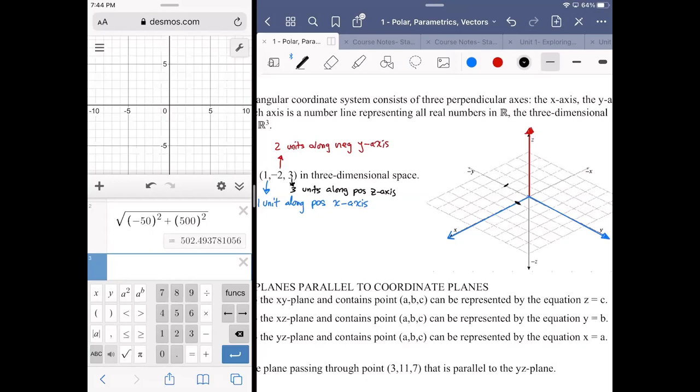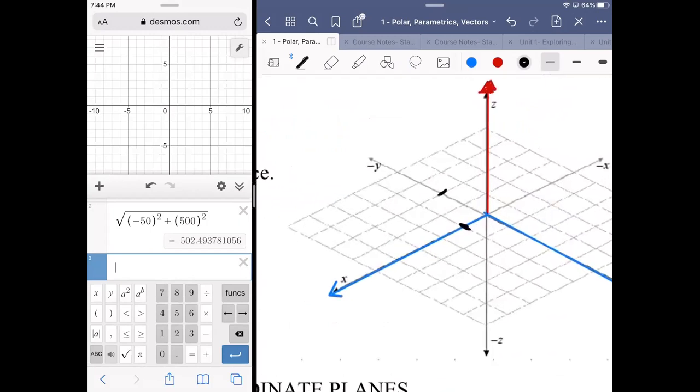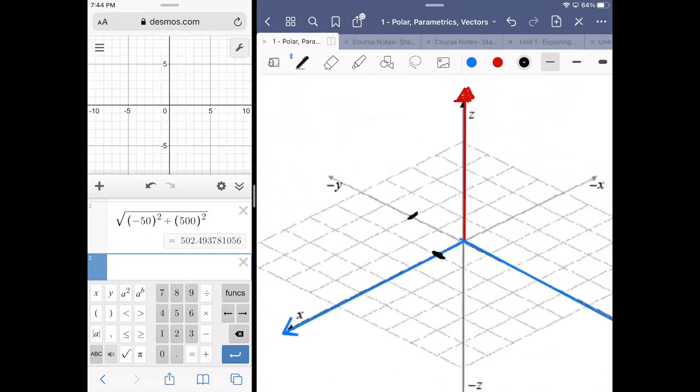So focusing just on the 1 unit along the positive x and 2 units along the negative y, what I would do is create a parallelogram. Now, I actually have the grid here, so it makes it a little bit easier, but you'd normally create a parallelogram based off of the distance from the origin for each value, all right?